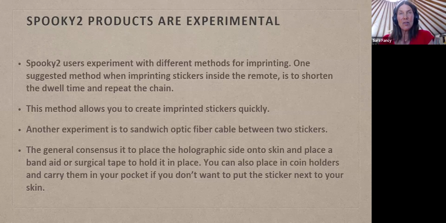For instance, Spooky2 Rye for Life has 80,000 people in that group. That's a lot of people. You can join that group, and in the search at the top right, you can put in imprinting, and all the posts about imprinting are going to come up. That's one way that I learned a lot. The people are very generous with their time and energy, and you'll get a lot of advice on there.